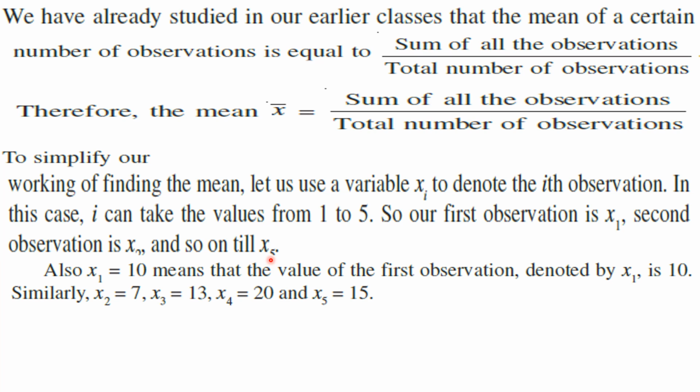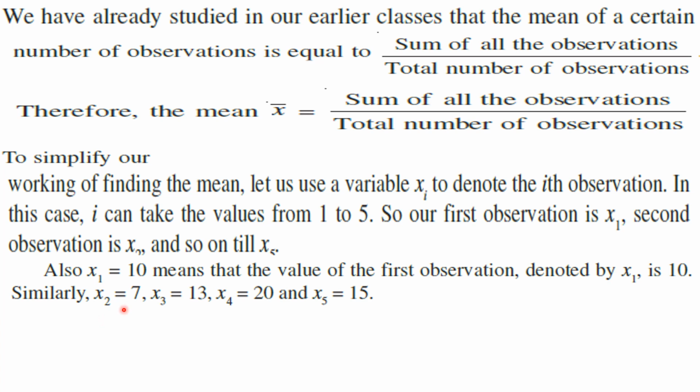Suppose we have considered 5 observations, then the first observation is denoted by x1, the second observation by x2, and the third observation by x3, and so on. So x1 is equal to 10 means that the value of the first observation is 10.